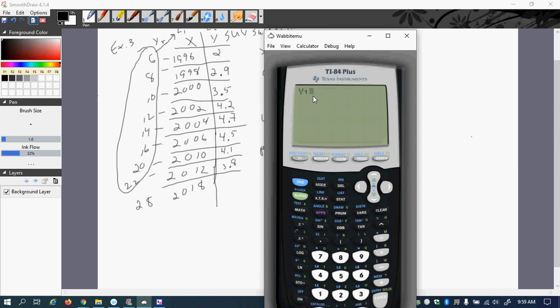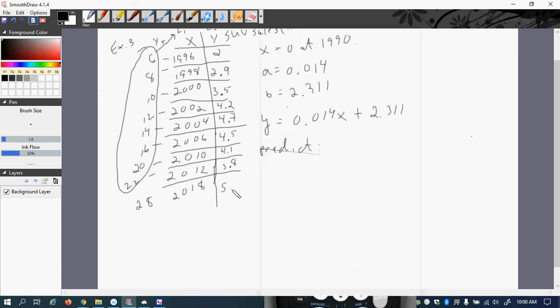So here's my y1, my equation that I stored it in. I do parentheses and I type in 28, and then I hit enter, and it gives me my value. So about 5.22 is what I get.